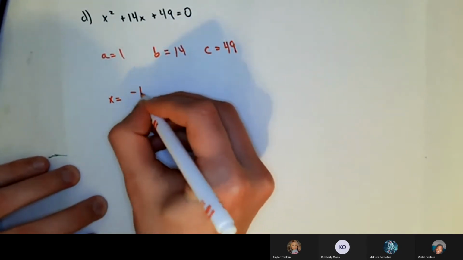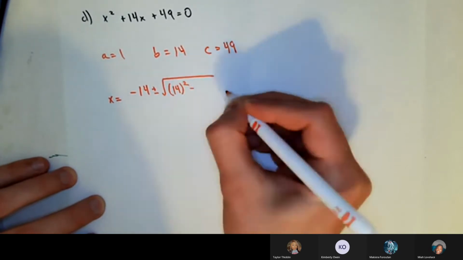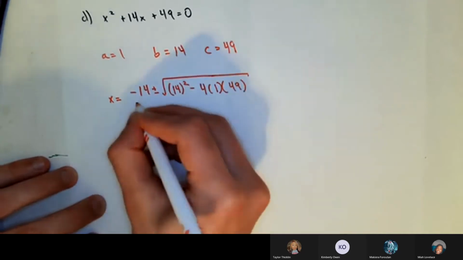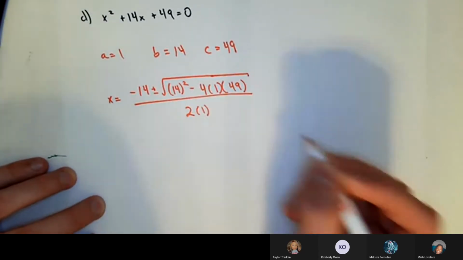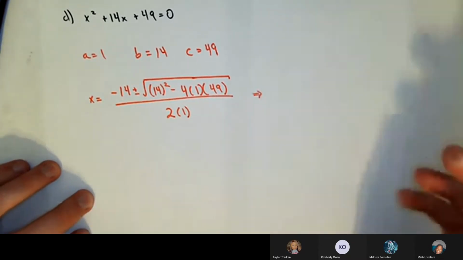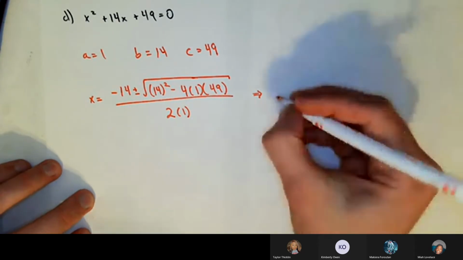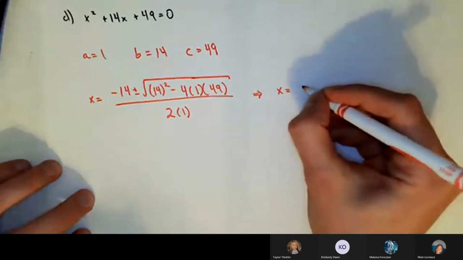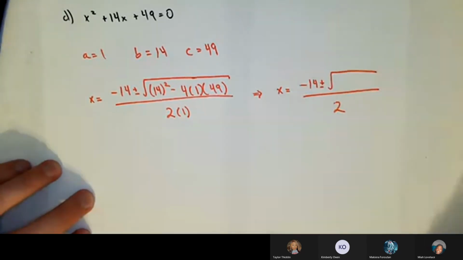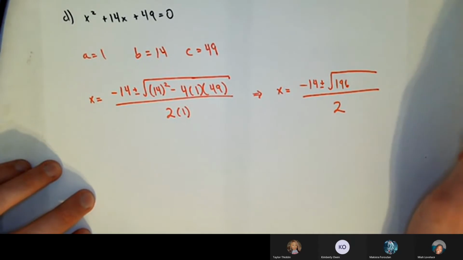x is equal to negative B plus or minus the square root of B squared minus 4 times A times C all over 2 times A. Cool. x is equal to negative 14 plus or minus, draw my square root, go ahead and say over 2. 14 squared is 196.